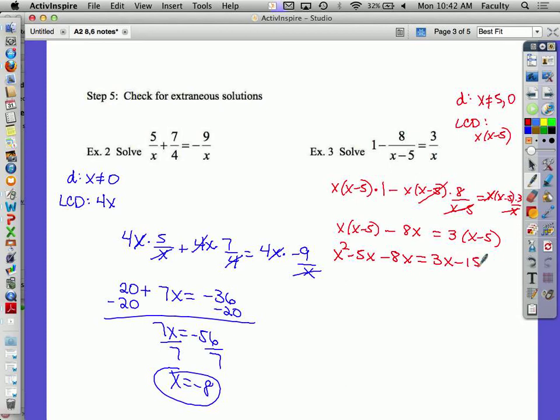Be careful to use the distributive property. I'm going to collect like terms. Then let's bring everything on one side equal to 0. This is a quadratic equation, and we know how to solve quadratic equations.